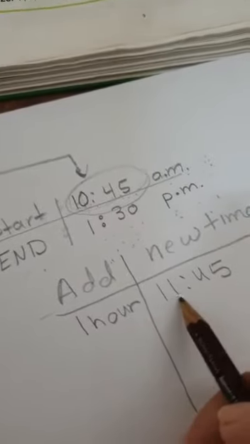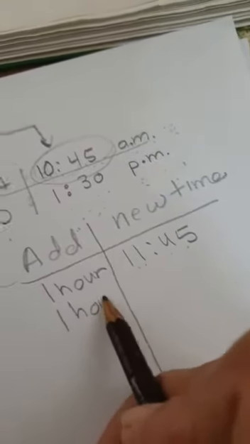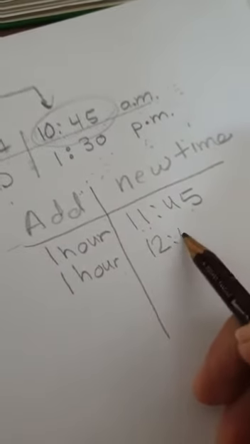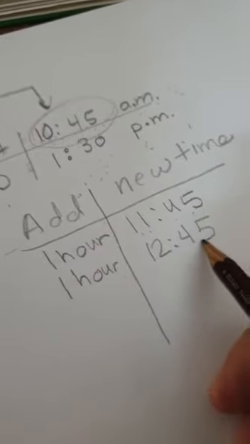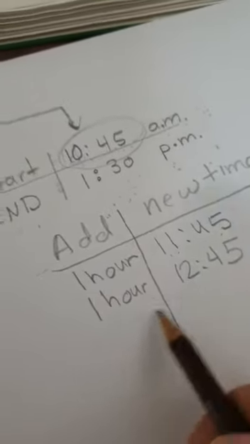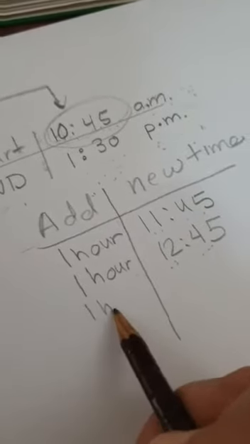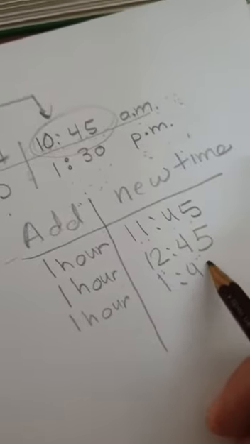Okay, 11:45, also I will add 1 hour to it. It becomes 12:45. Add 1 hour to it. Becomes what? 1:45.